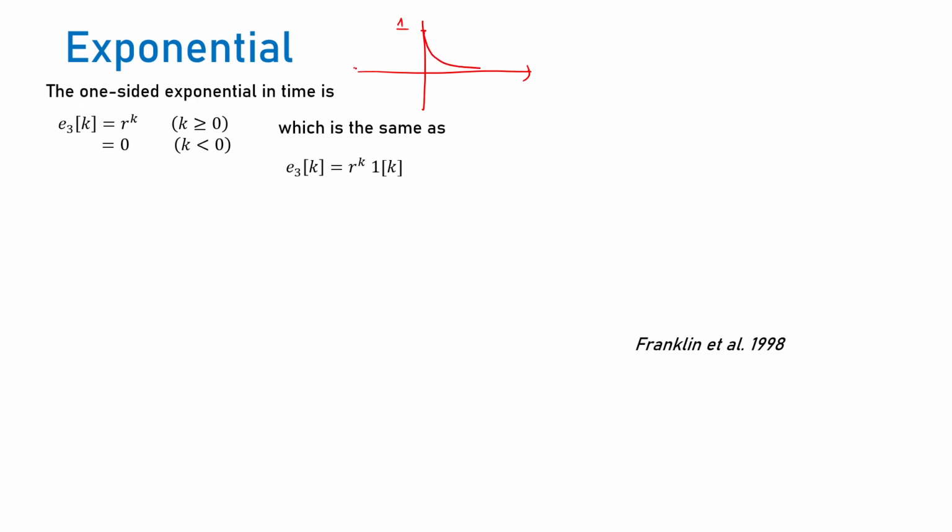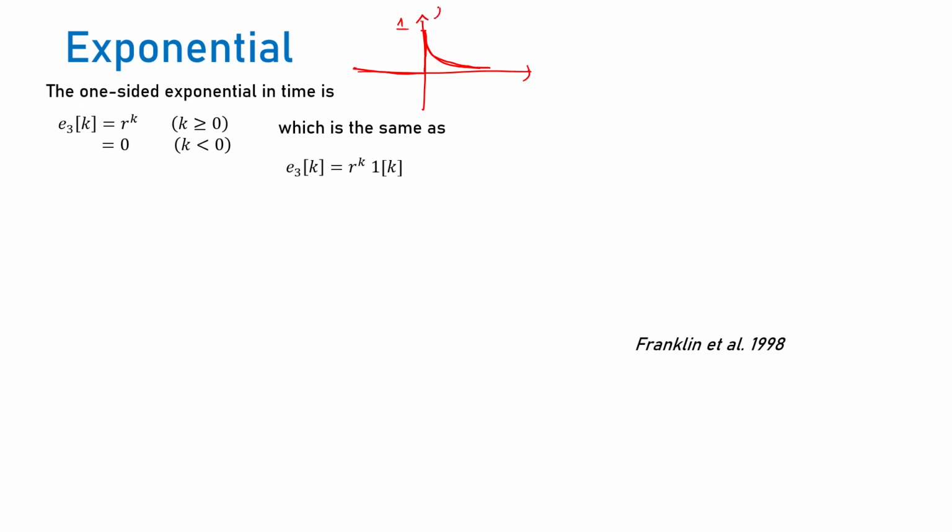From minus infinity it is just 0, and then it jumps to here and has an exponential decay like this. This is for the case where R has absolute value less than 1, right?